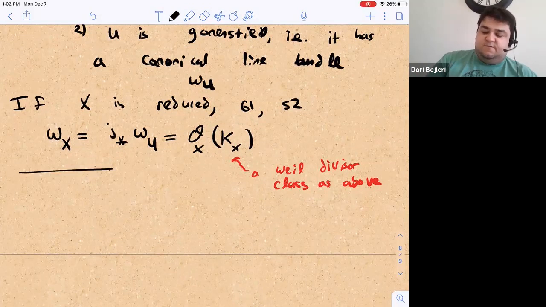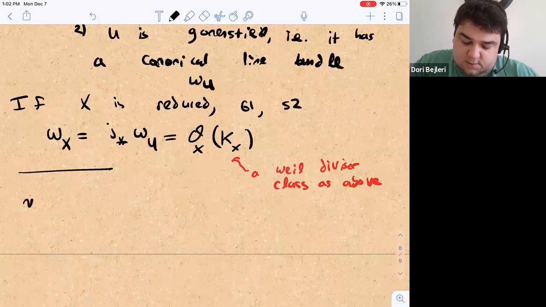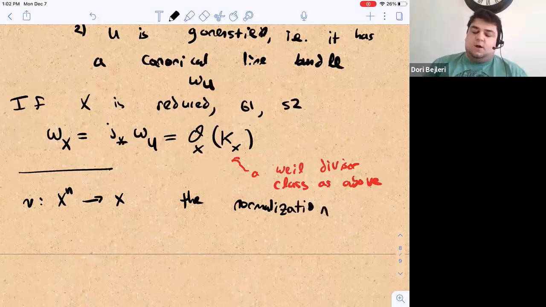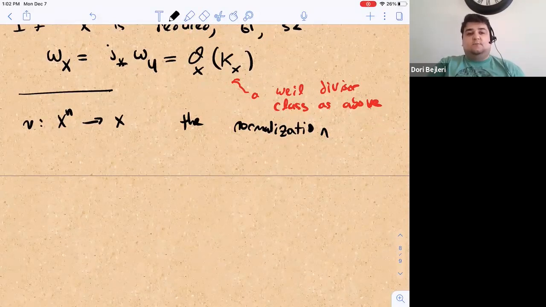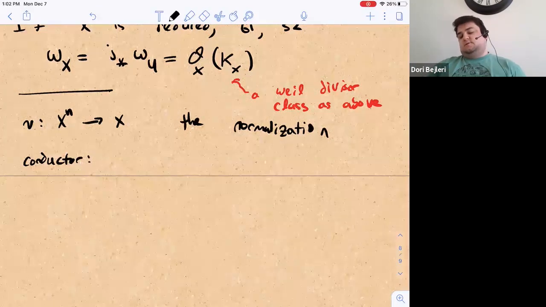So let's assume from now on that X is reduced, G1 and S2, and let's take the normalization of X. Now we can ask what happens to the canonical divisor when we pull back to the normalization. And this is described by the conductor, which basically tells you how you go from the normalization to X itself.